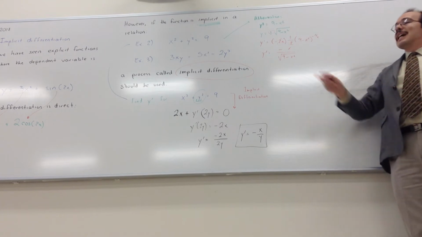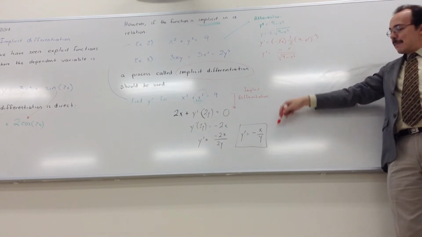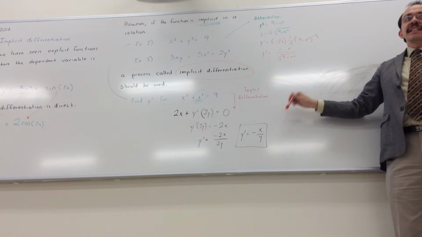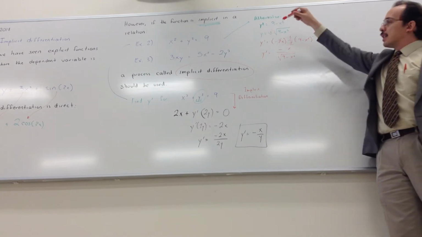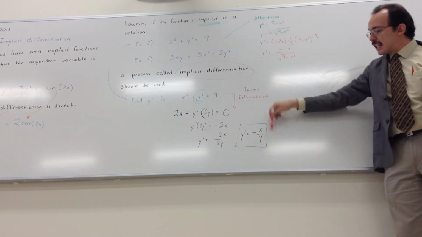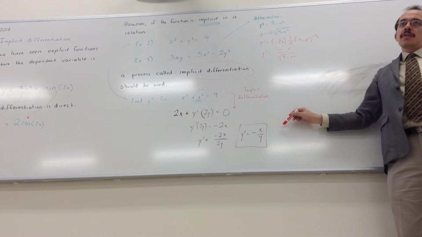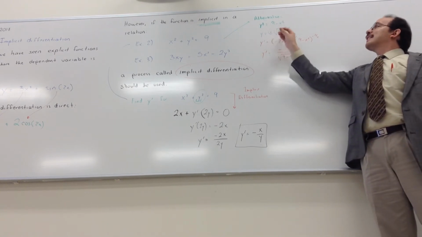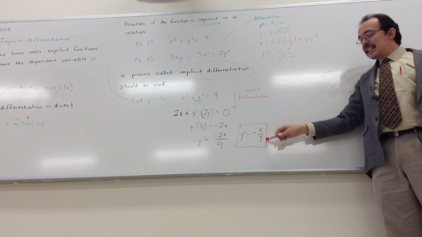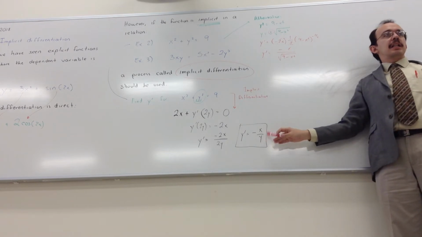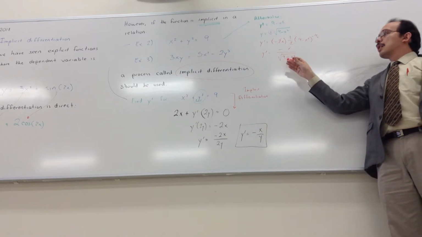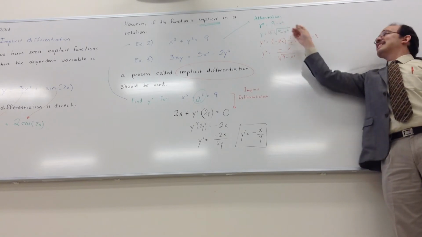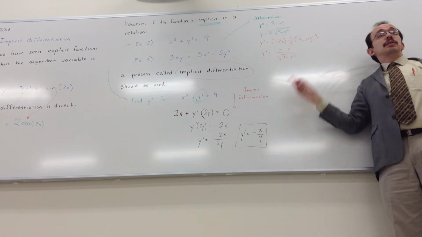Which is the same thing. If you observe this and this, it's the same thing. But the y is this. In this case, I left the y just like that, implicit. But in this one, I put the value of the y. But it's the same thing. Do you see it?